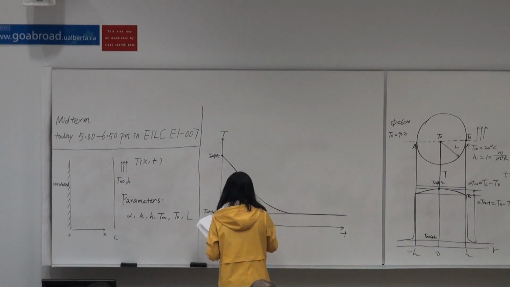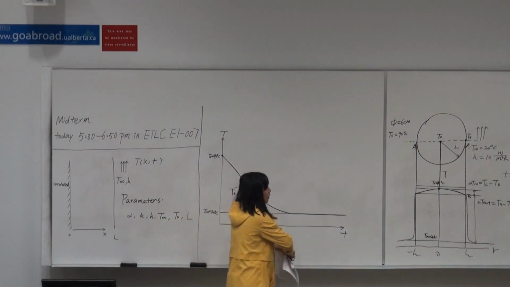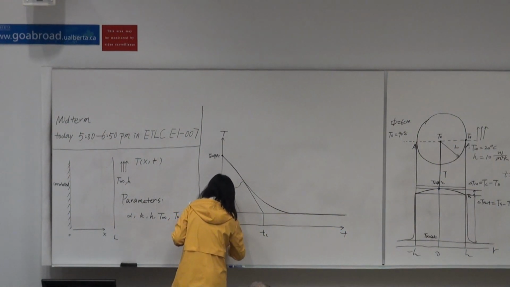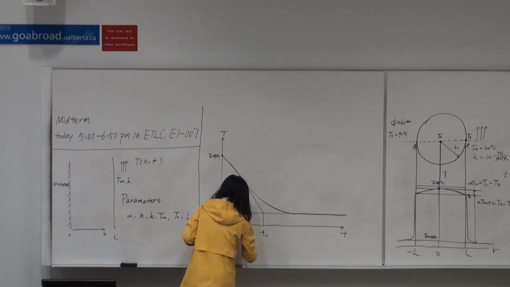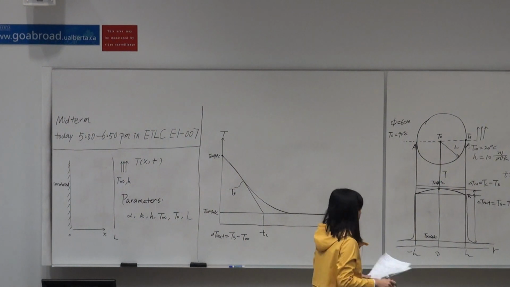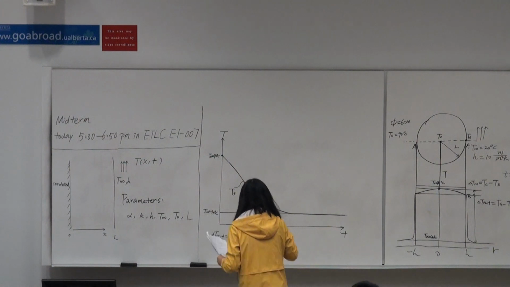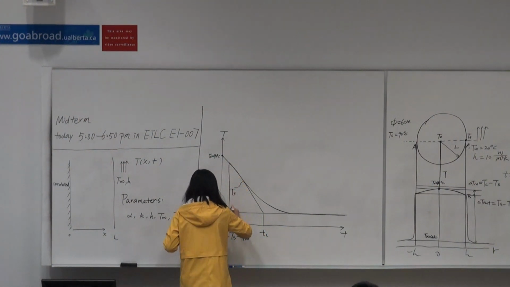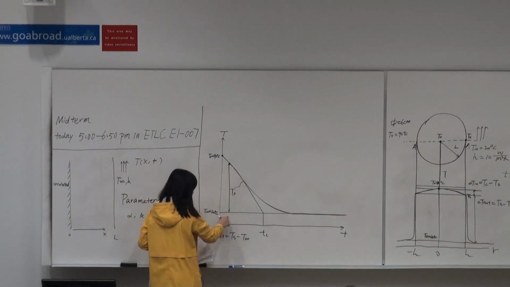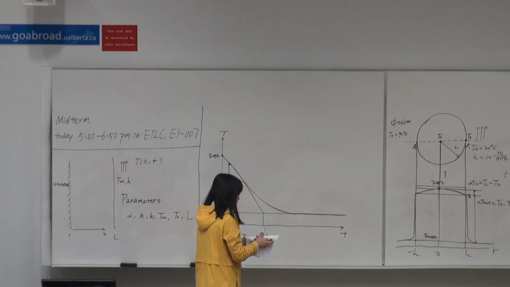Then my question here: we already know the surface temperature. Where is our delta T out, which is defined as the temperature difference between the surface temperature and the temperature of the moving fluid? Right, the temperature difference with the temperature of the cooler air.